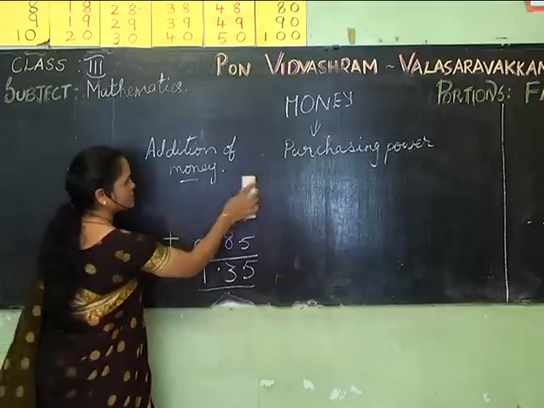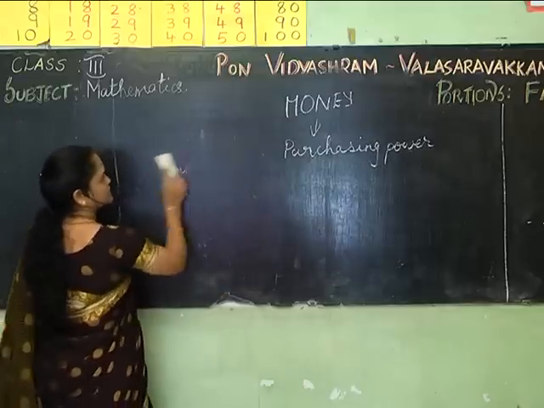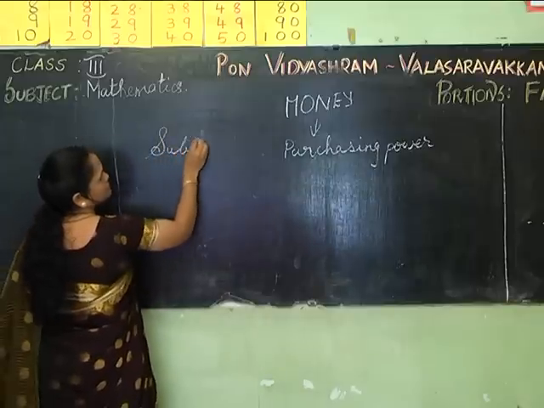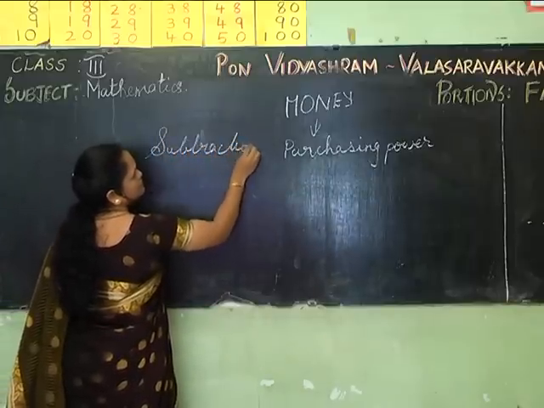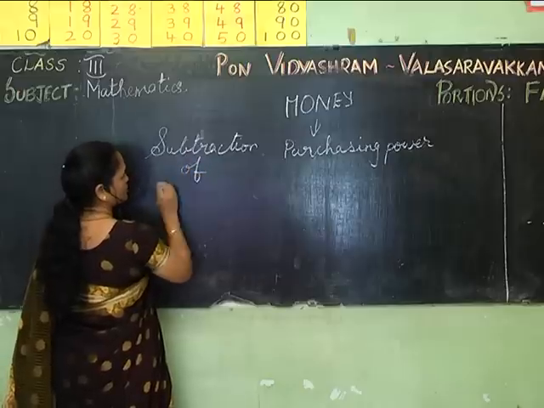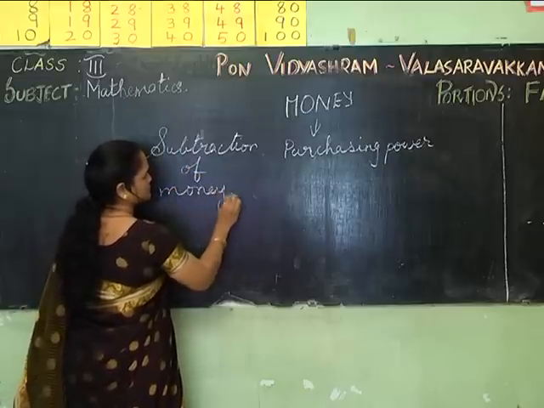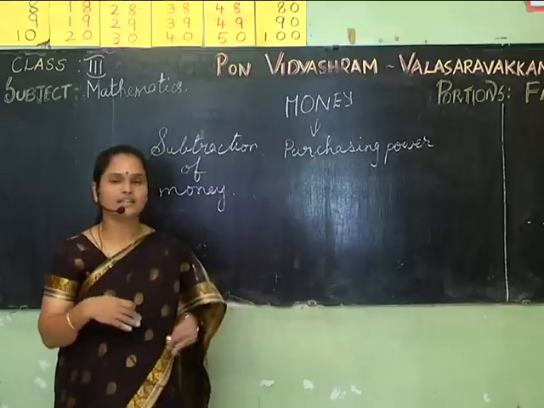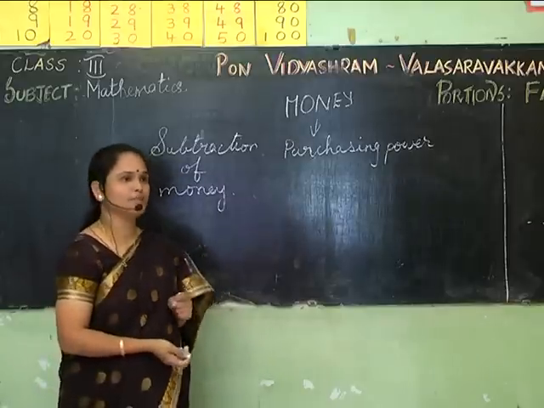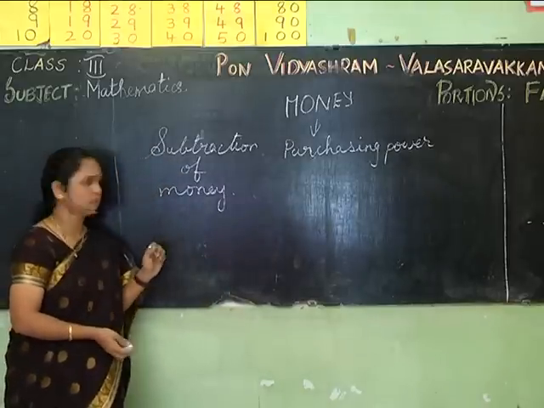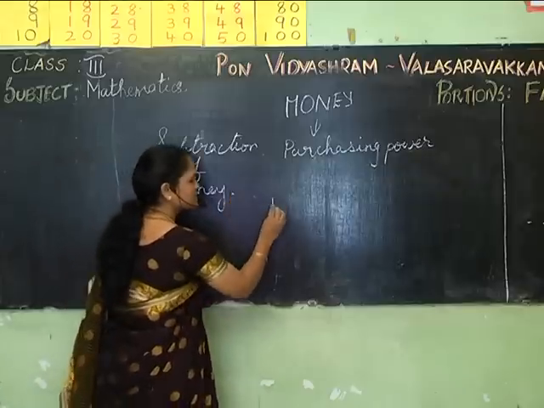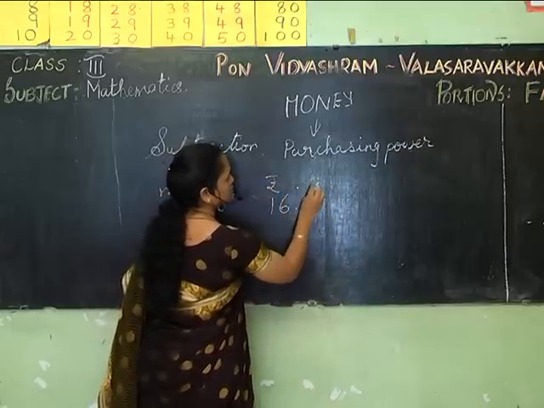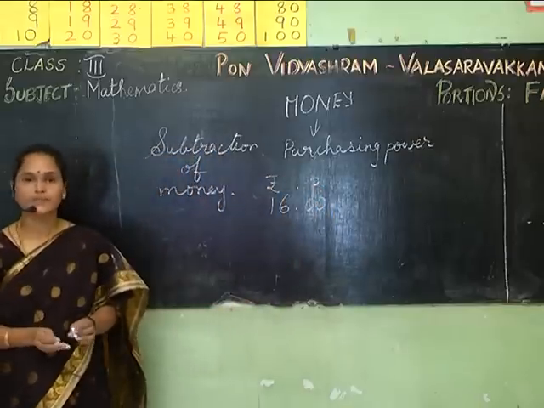Now in the same way, children, you can also do subtraction. Subtraction of money. Okay. Let us take another vegetable. Okay. The cost of 1 kg of tomato costs, say, 16 rupees.